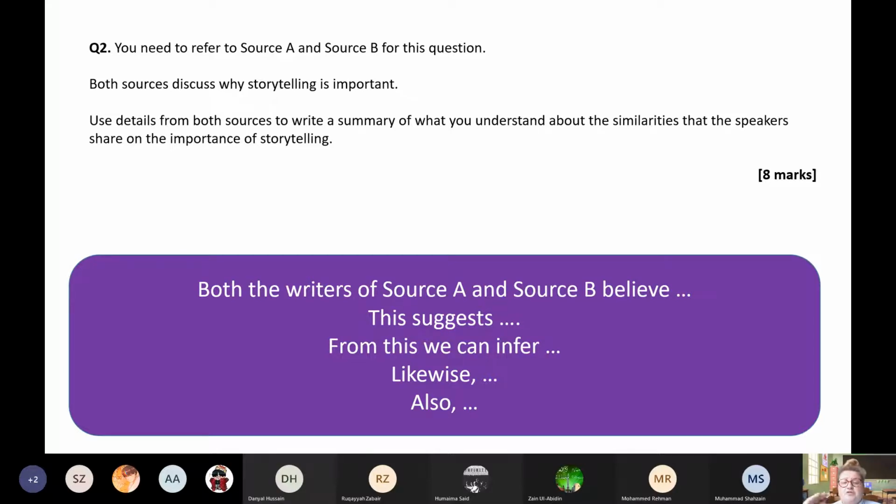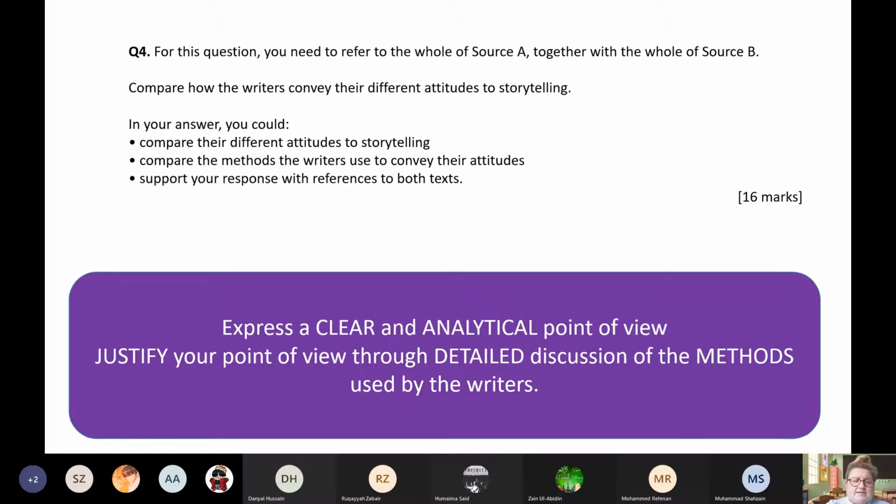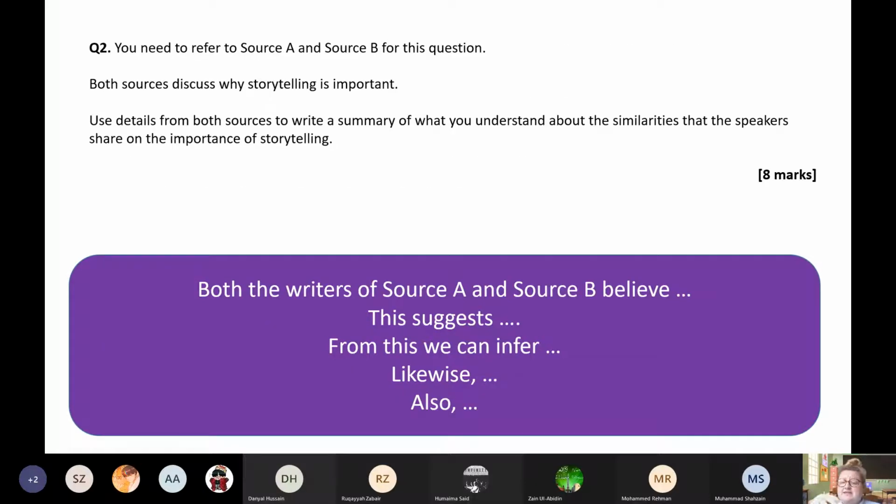So both the writers of source A and source B believe. This suggests, from this we can infer, likewise and also. Those are words that I would be expecting to see when you're writing about the similarities between a text. If you're writing about differences, then I'd obviously expect you to be using things like on the other hand, in contrast, opposingly, etc. So let's go back to question 2.